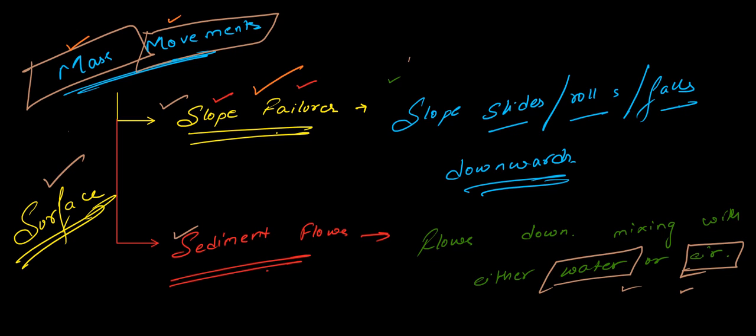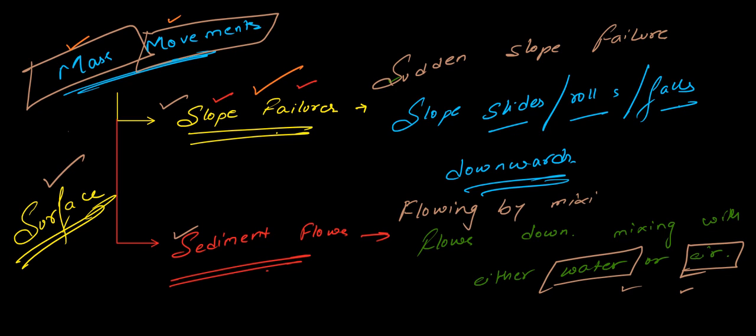One is a sudden slope failure, and the second is flowing by mixing with water or air. These are the two main processes by which mass movements take place.